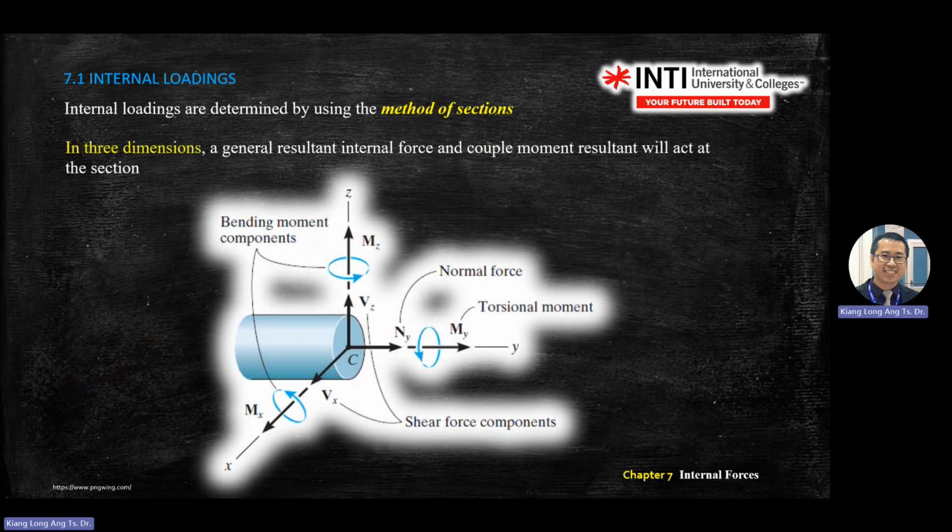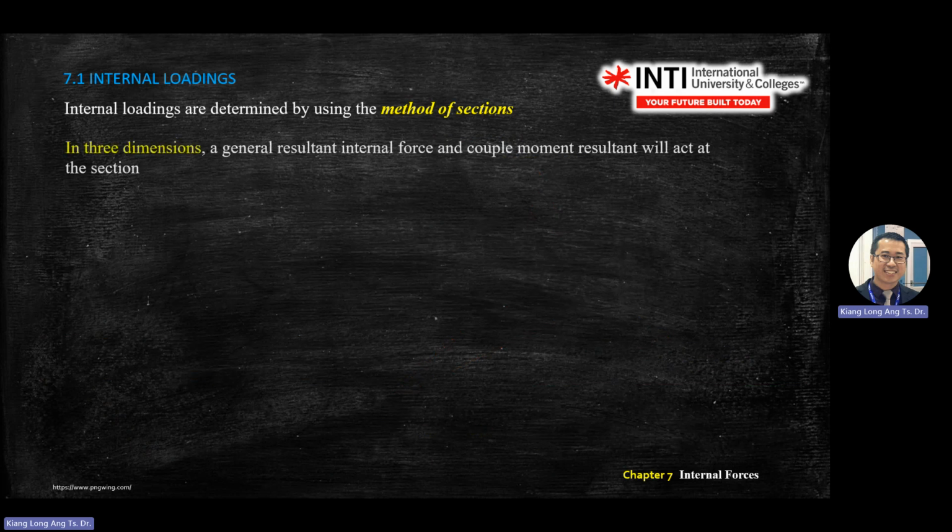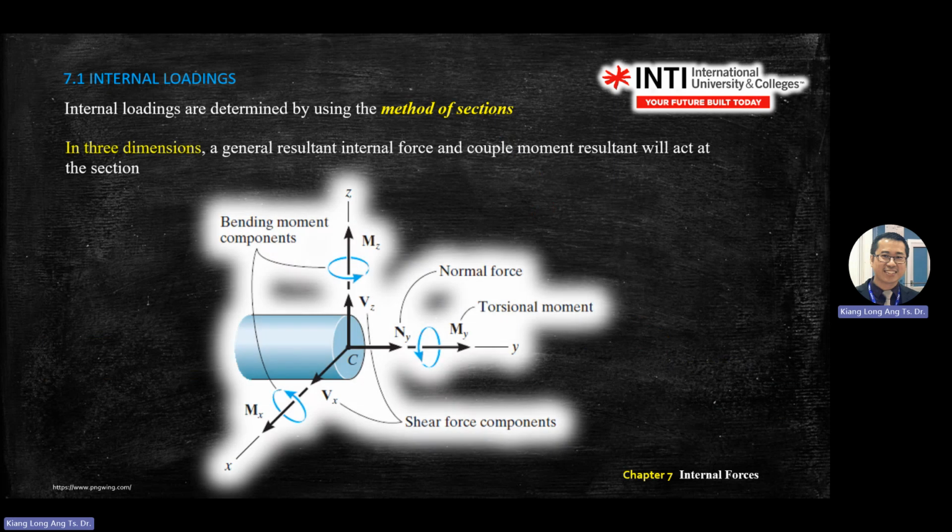Now what about three-dimensional? Just now was 2D, right? Just now was 2D. 3D is also the same. You will have all these parameters. You have the normal force, which is normal to the surface, so N in the X direction, Y direction.